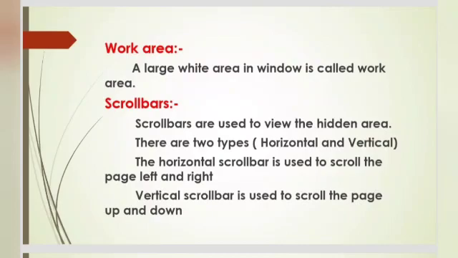Next, scroll bars. Scroll bars are used to view the hidden area. There are two types: the first one is the horizontal scroll bar and then the vertical scroll bar. The horizontal scroll bar is used to scroll the page left and right.